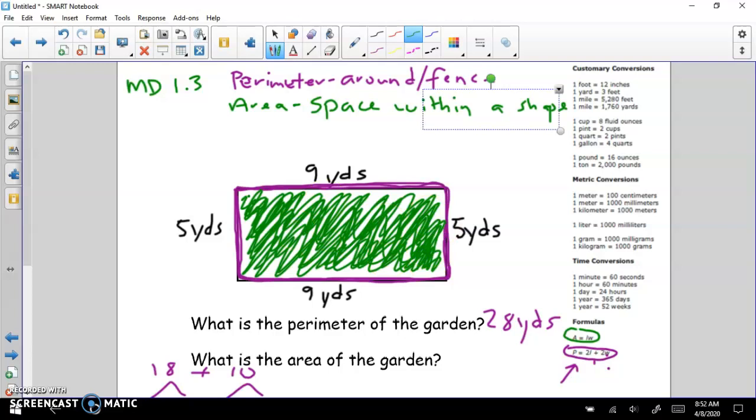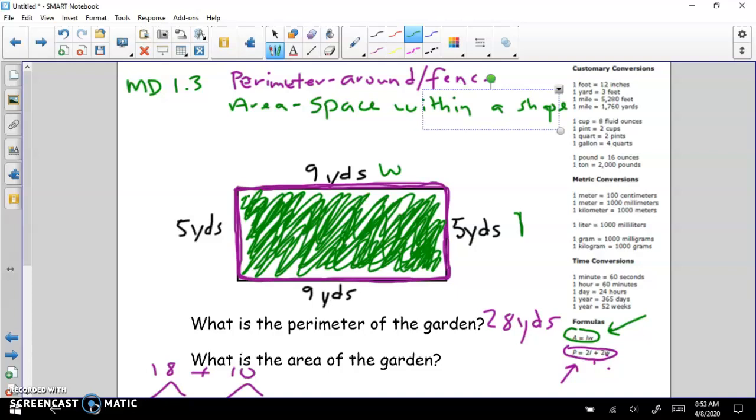Using our formula here, which says A is equal to LW, well, we already know that L stands for our length, which is right here. And W is our width, which is right there. So we don't even need all 4 measurements. We only need 2 of them.